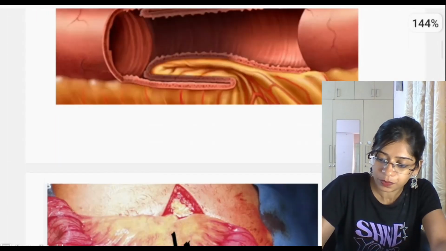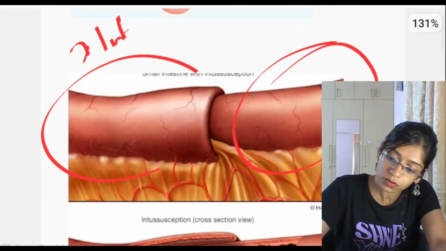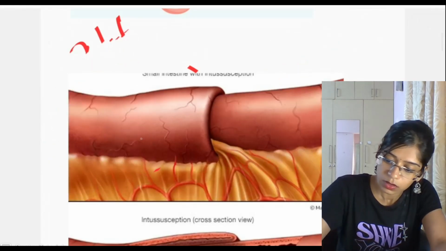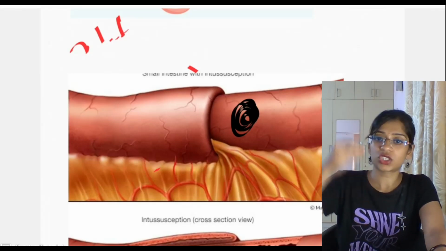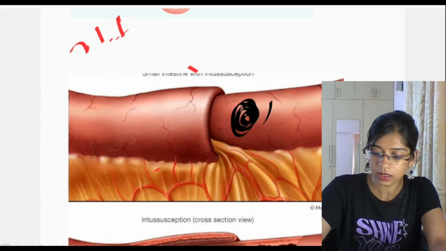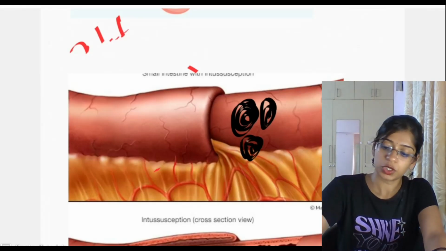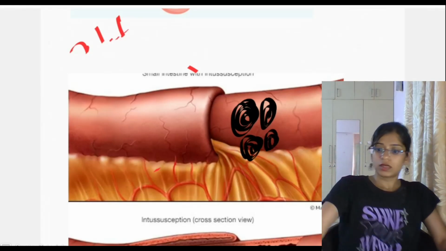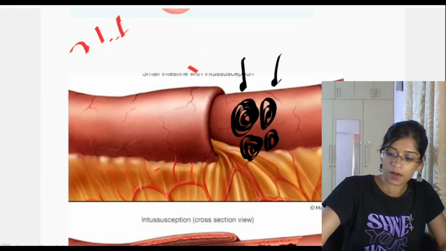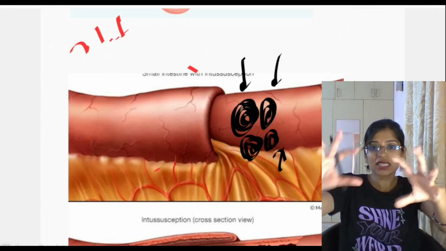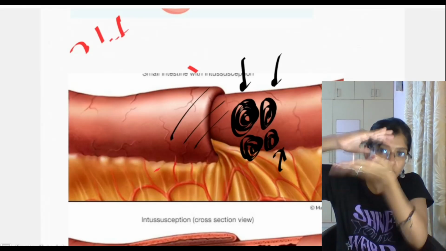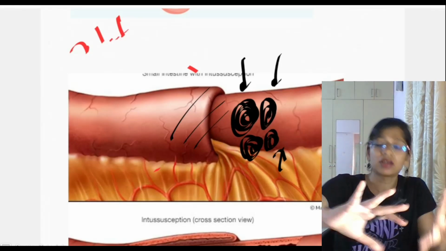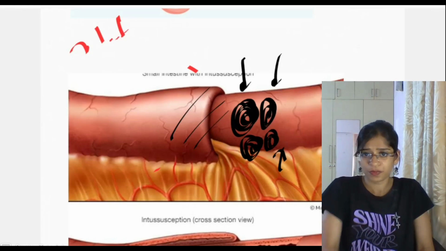Also look here, food is here. The child is eating food, it has come to the intestine, but the child has intussusception. This part of the intestine will try its max. Even the lumen is narrow because of this pathology, so food is finding it difficult to move forward.